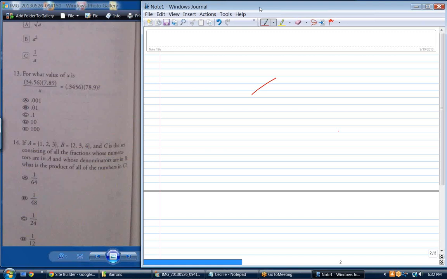Okay. Let's see. If we pick up where we left off, we did 13 last time. So let's look at 14. C is the set consisting of all of the fractions whose numerators are in set A and whose denominators are in set B. And then it asks, what is the product of all the numbers that are in C?